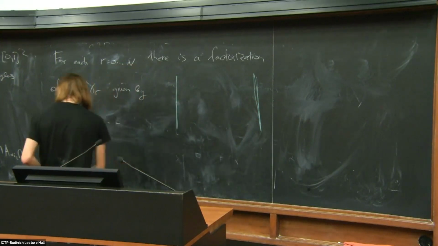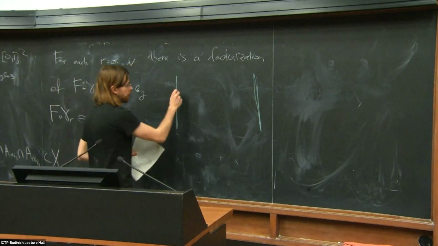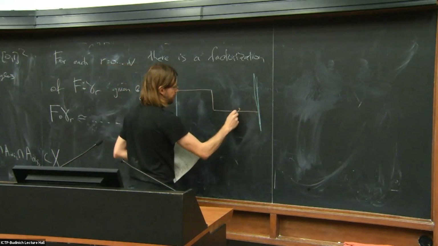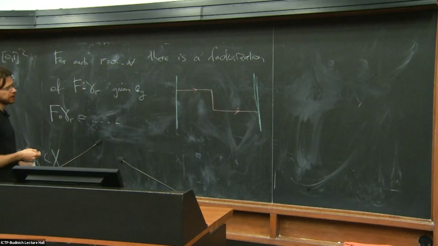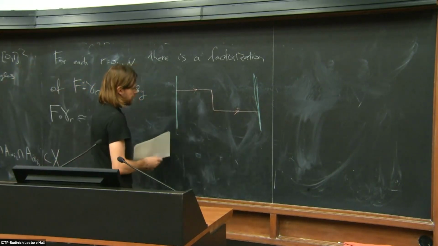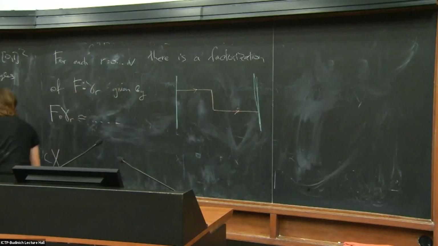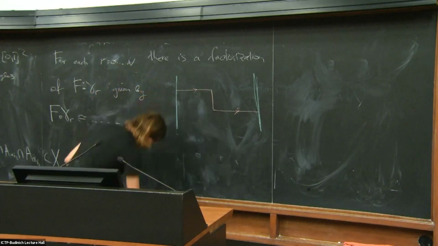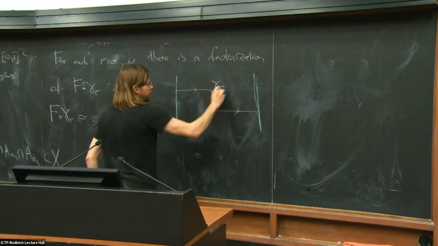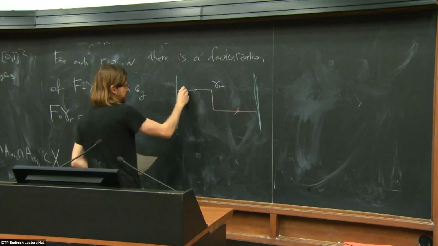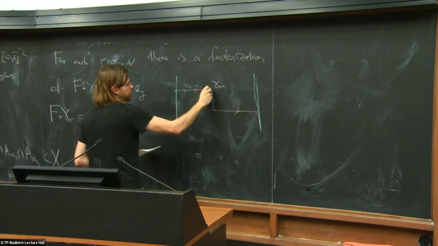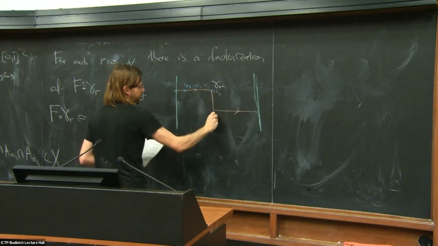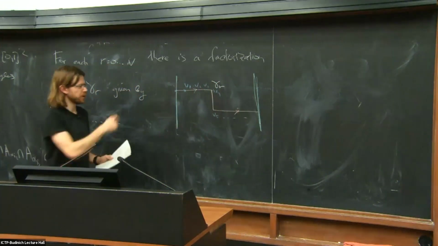It's some path inside this unit square, and along the path gamma R we can encounter some vertices, for example V1, V2, V3, V4, V5, and so on. We can choose to label them so that they are ordered.